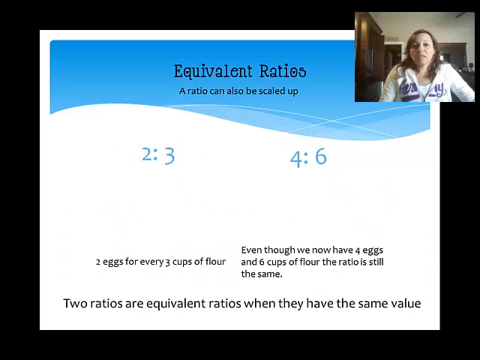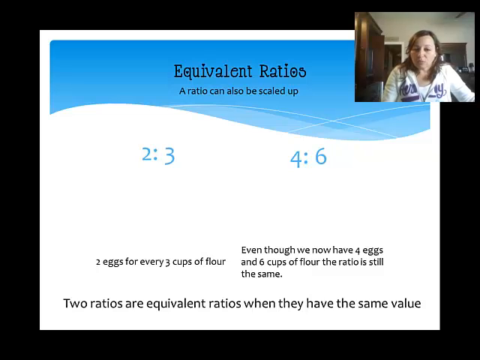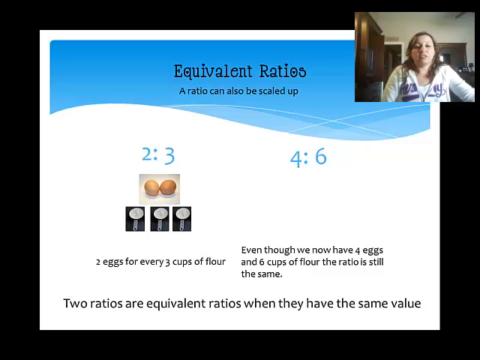Okay, equivalent ratios. Ratios can also be scaled up. So in this case, where we're looking at 4/6 and 2/3, we know that 4/6 is equivalent to 2/3. So ratios can also be scaled up. They can be equivalent ratios. 2 ratios are equivalent when they have the same value. So remember I was going to make pancakes and it took 2 eggs for every 3 cups of flour.